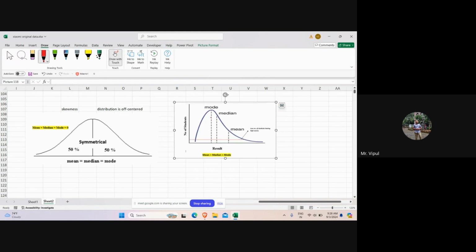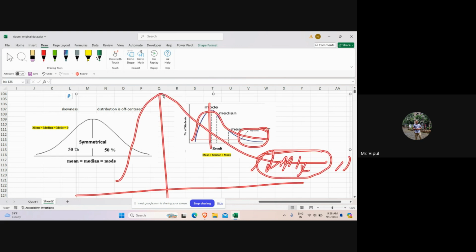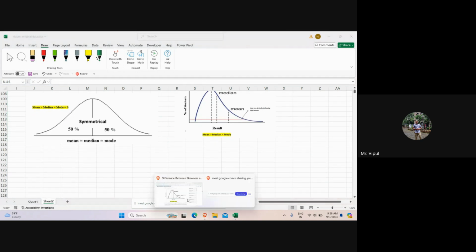Whenever your tail, this is your tail, is on the right hand side, it is known as positive skewness. ये जो tail है, इसको tail बोलते हैं. This is all on the positive, right hand side, so it is a positive skewness.